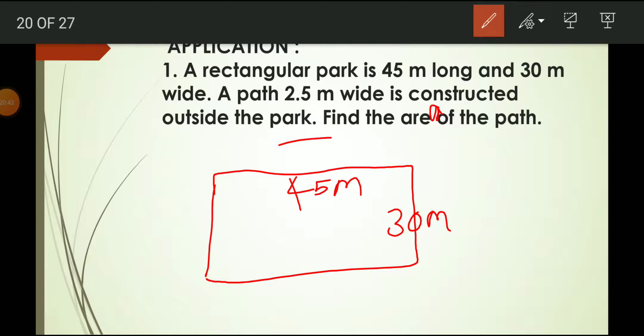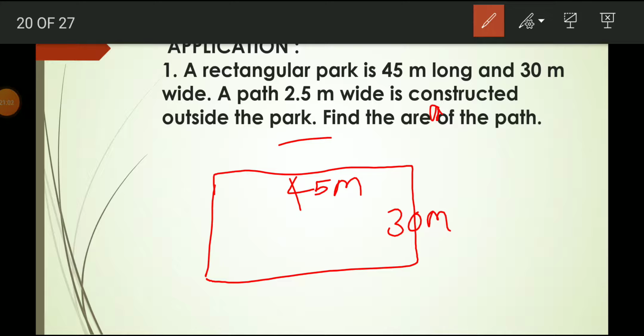If we construct any path, we can use the same shape. Like a triangle, we have to make a path like a triangle. If we make a square path, we can use a square figure.